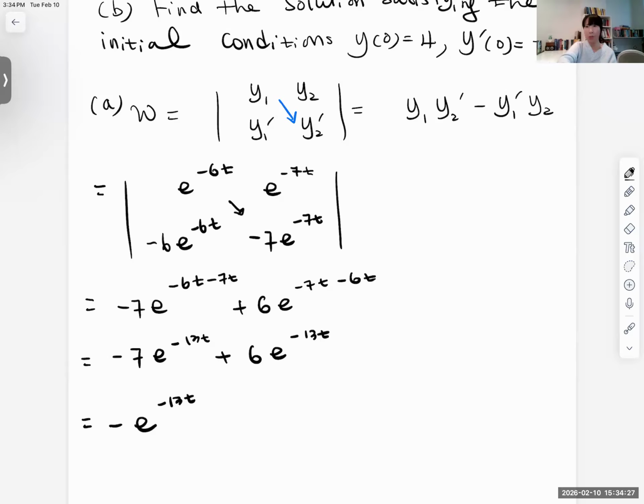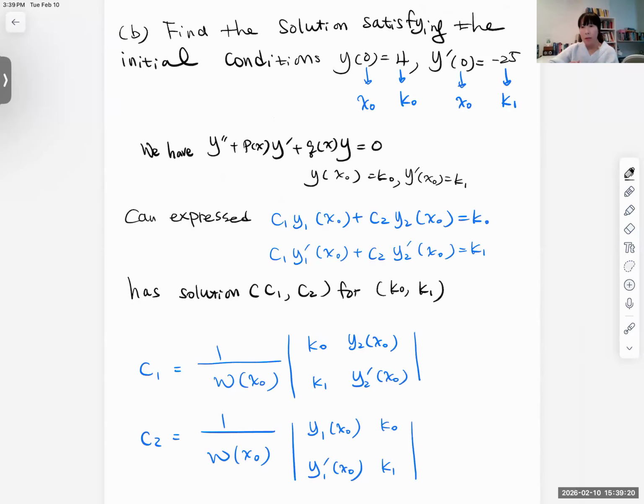Okay, let's do the second part. Second part, find the solution with the initial value. So we have two initial values, right? Because we are doing linear second order, right?